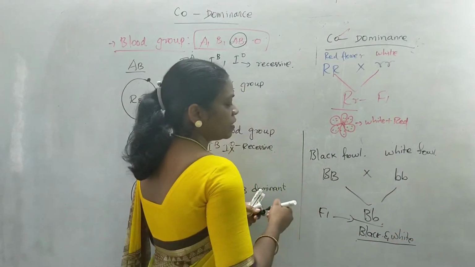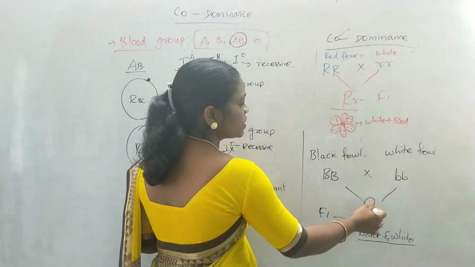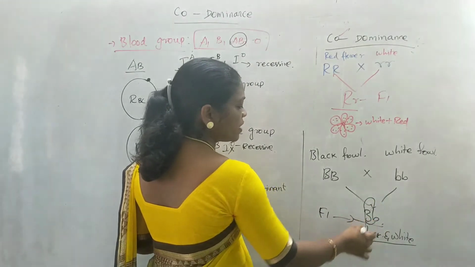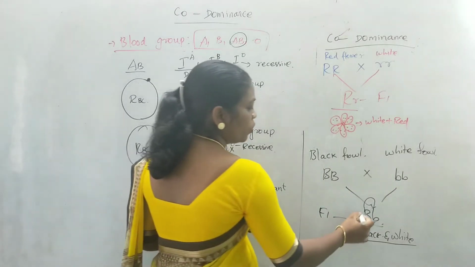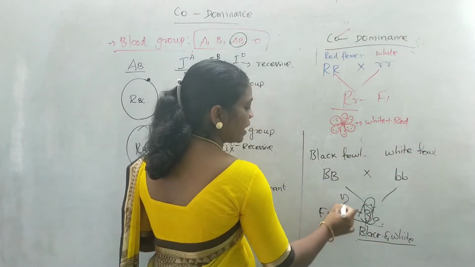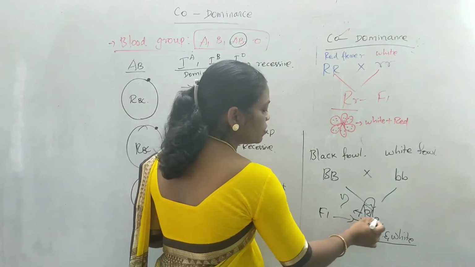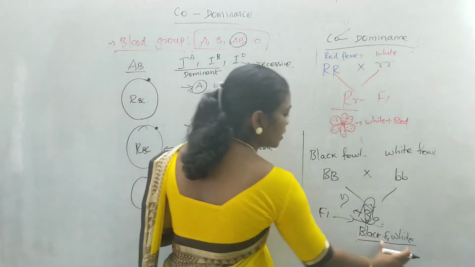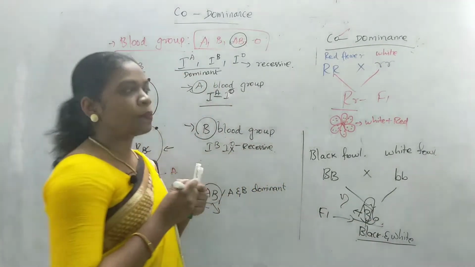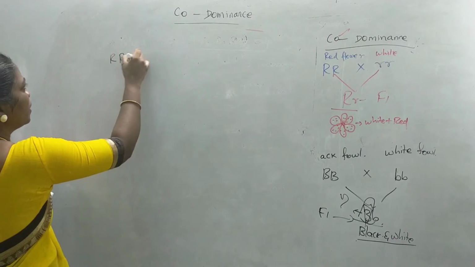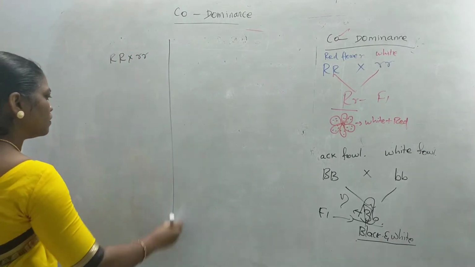So capital B is not going to mask the expression of small b, and small b is not going to mask the expression of capital B. Instead, both the genes combine together and result in expression of black and white. Capital R, small r.